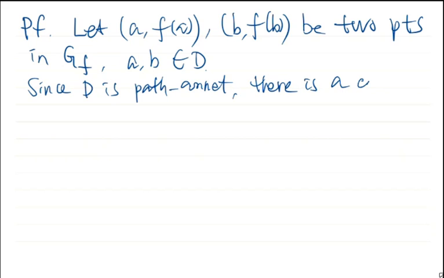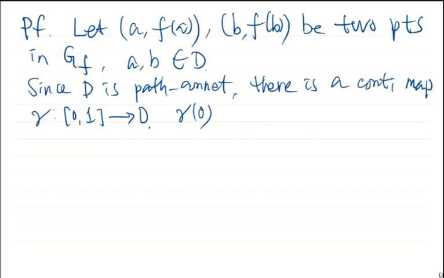So this is a continuous map gamma from [0, 1] to D. Gamma is a parameterized path in D. The initial point is a, the end point is b.